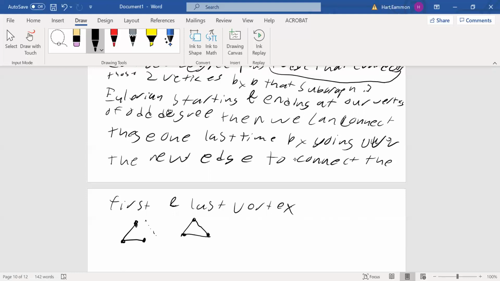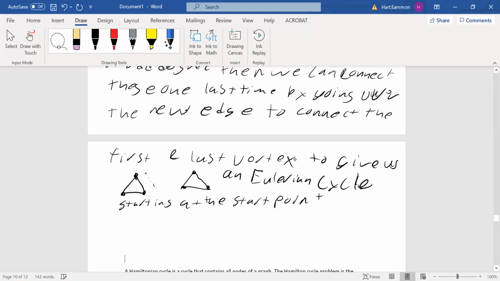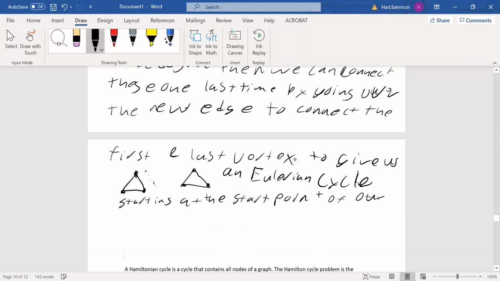So we have this underlying Eulerian walk, and then we just traverse this last edge that connects our first and last vertex, and that will complete a new Eulerian cycle, starting at the start point of our previous Eulerian walk.